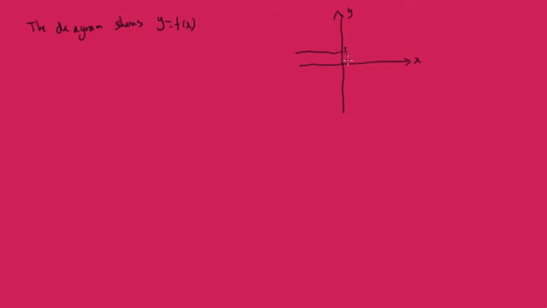And then it goes down like here, and this is 1, and then it goes up quite sharply, and that's 2, and then along, and again it's straight, and that's 3. So this is y equals f of x, and we want to sketch y equals 2 f of x minus 3.